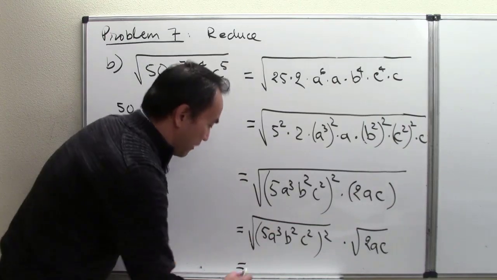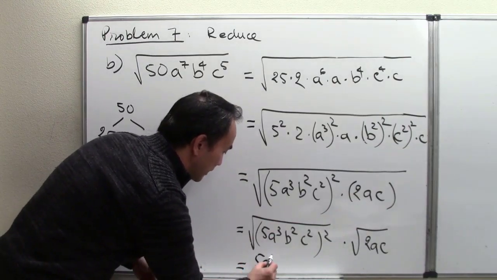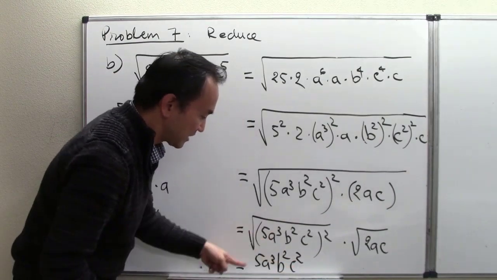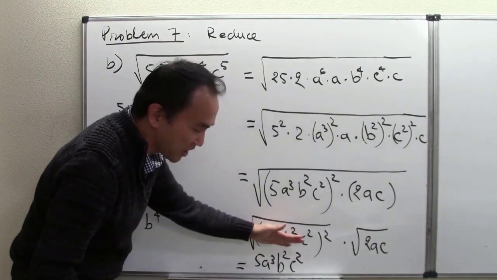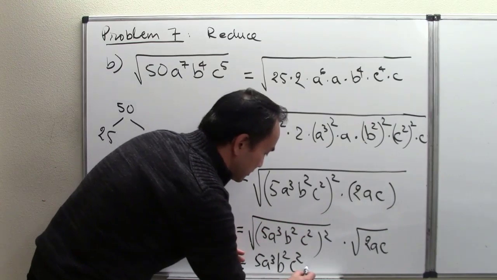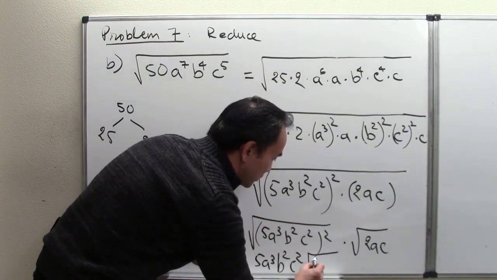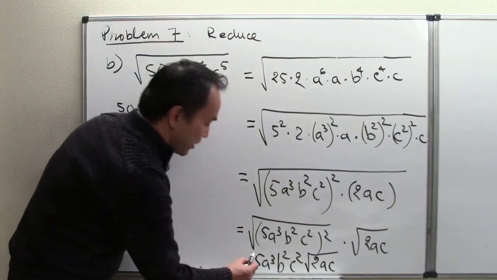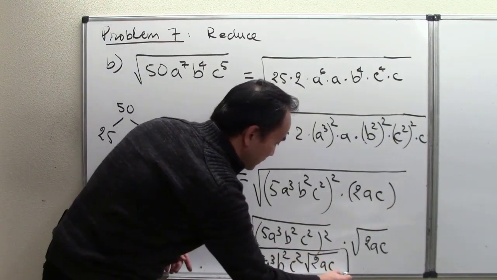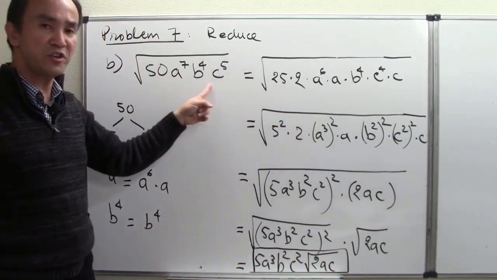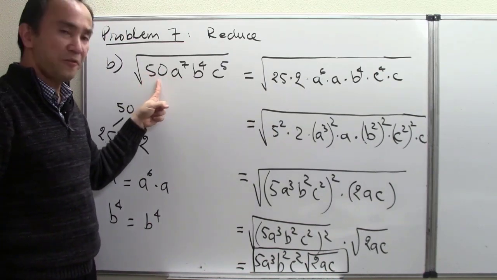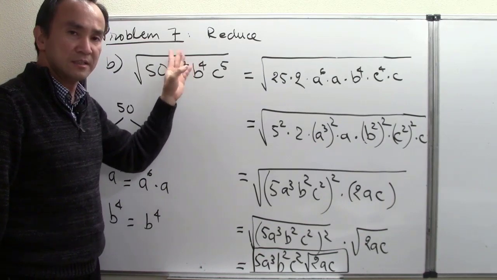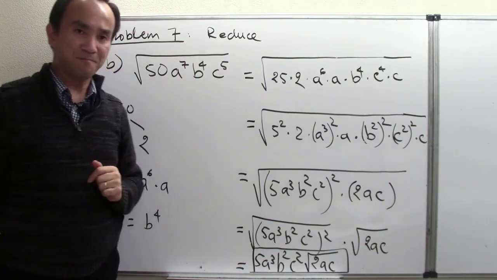So it's coming out for us as 5a cubed b squared c squared, and that entire expression is free from the square root, and then it's in product with the square root of 2ac. All right, so that's how I have reduced the square root of an expression that has a coefficient or numerical value in products with the various powers of the variables.